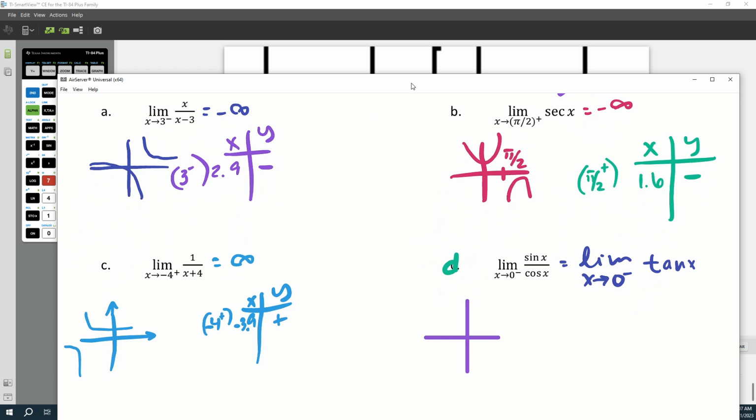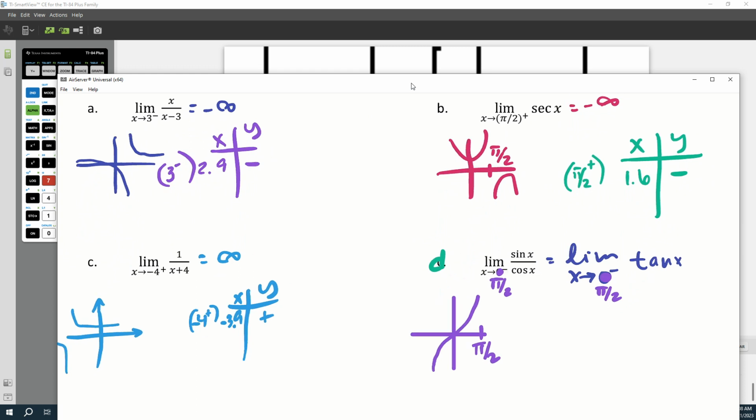Mine just has a mistake. Let's change it to pi over 2 from the left. Now we definitely could find the limit of 0. It's just going to be 0, but that doesn't really go with the lesson.